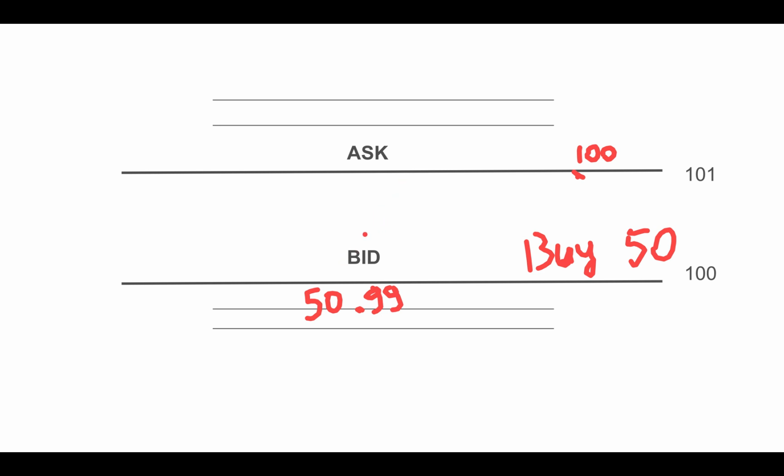Then the other popular order is a stop loss order, or some people use a stop buy order, which is used rarely.